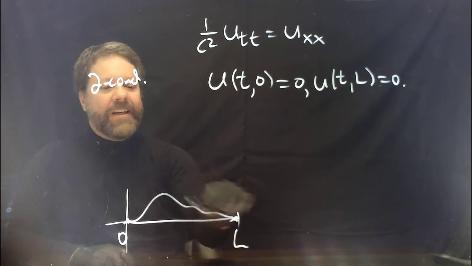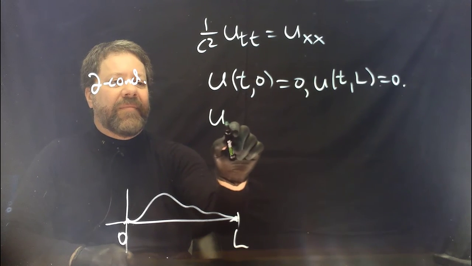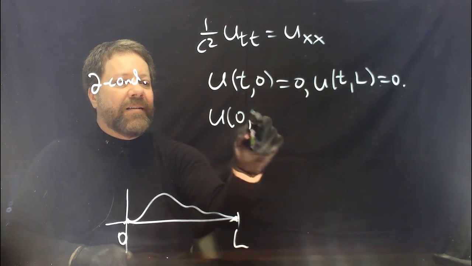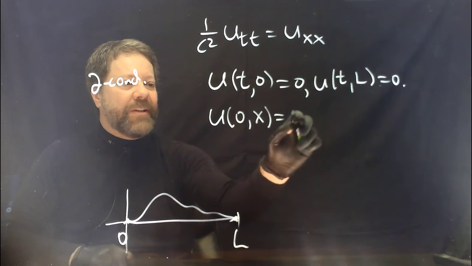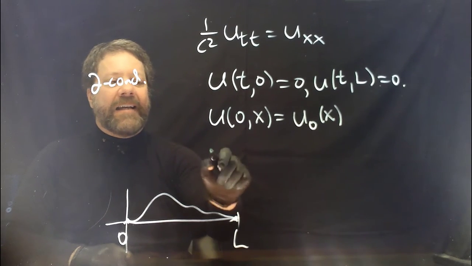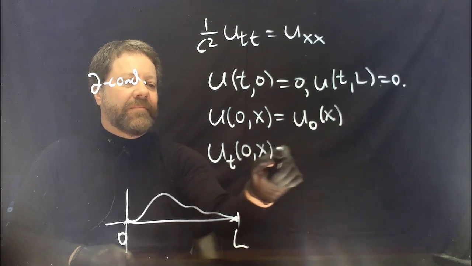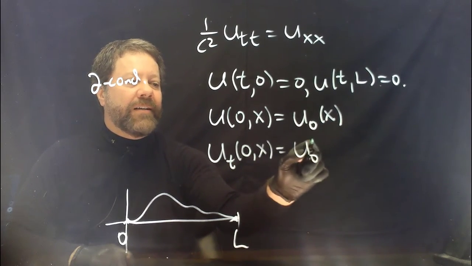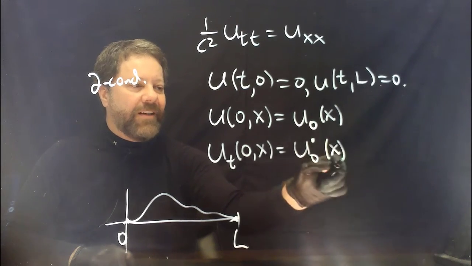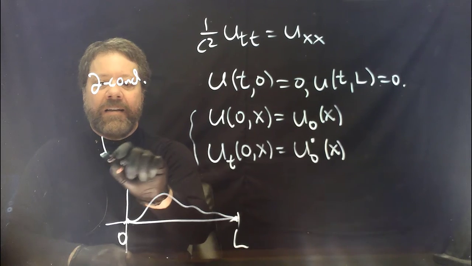We can have any initial displacement and initial velocity. So the initial displacement is going to be u0 of x. And the initial velocity is going to be u0 dot of x. So these are the initial conditions.